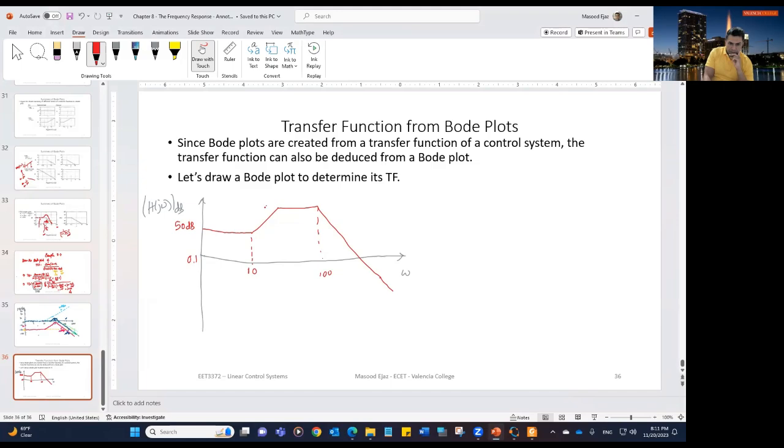Let me make it simple so we can do it. Instead of doing calculation of everything, let me just take the 1000 and those frequencies. That will be easier. Let me write down first the frequencies: 100, 1000, 10,000.